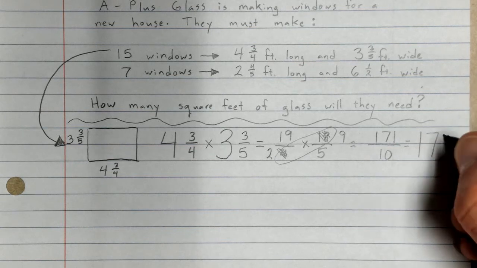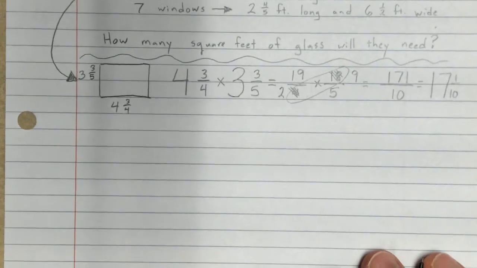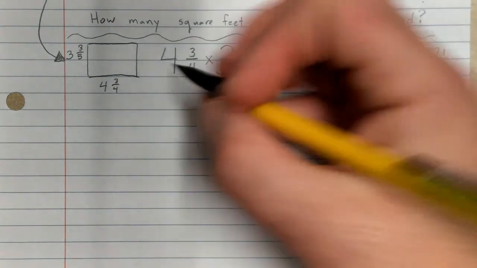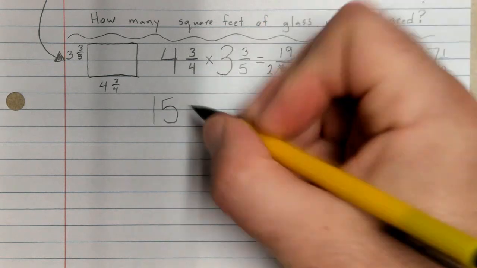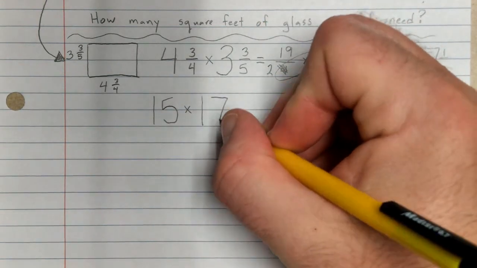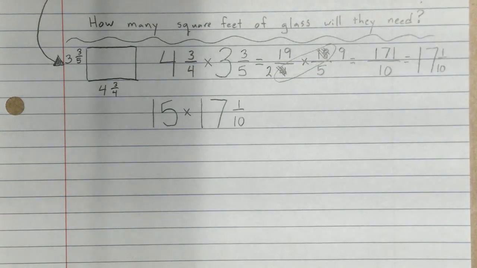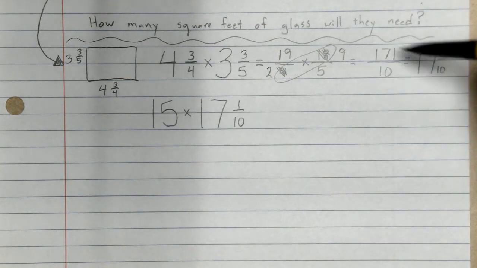This is the same as 17 1/10 square feet. But really, that's not even necessary because, again, I'm going to go down here and say, okay, I've got 15 of these windows. And each window is 17 1/10 feet square. The first thing I'm going to have to do is turn this back into an improper fraction.